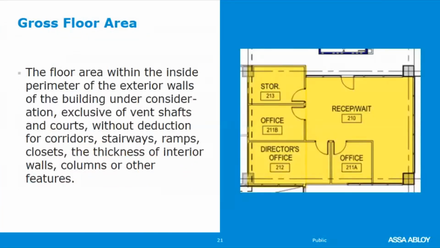A couple more definitions that we need before we can start using the calculator. There are two different types of floor area. The gross floor area by definition is the floor area within the inside perimeter of the exterior walls of the building that's under consideration, exclusive of vent shafts and courts, without deducting for corridors, stairways, ramps, closets, the thickness of the interior walls, columns, or other features.